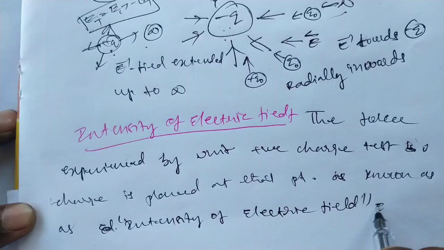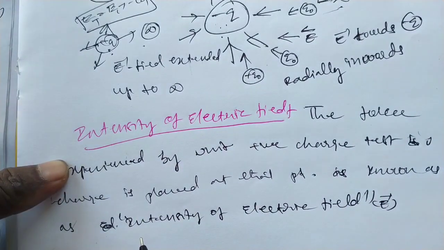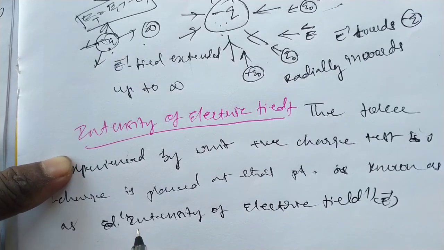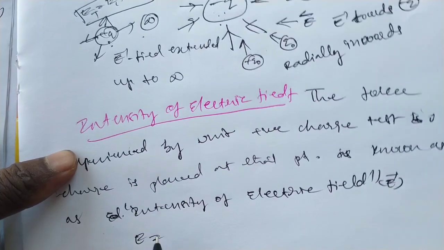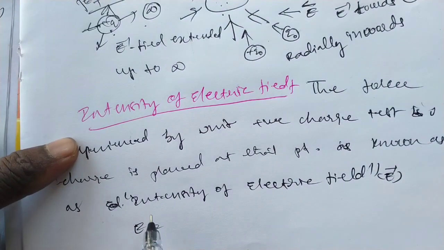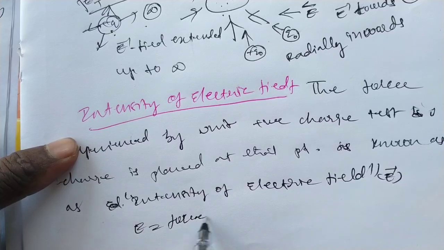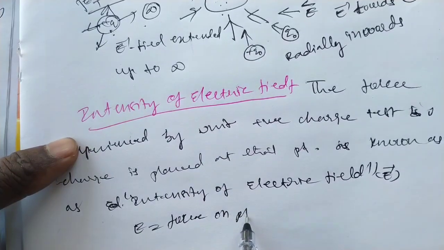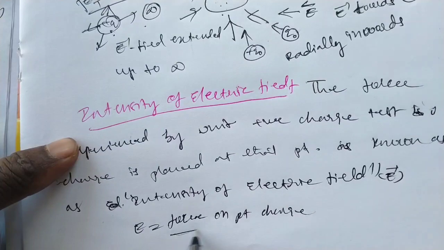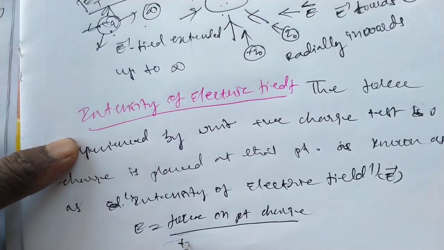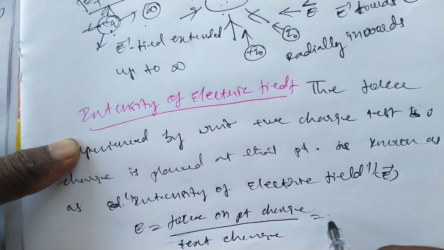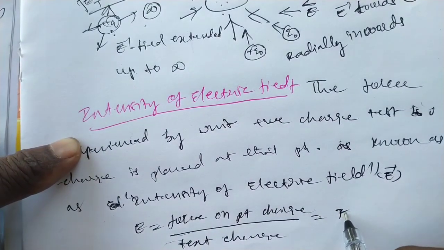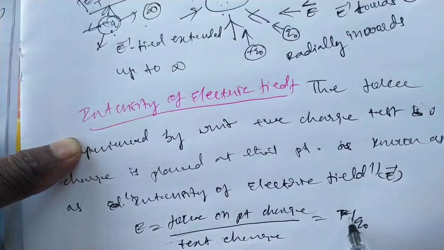That is the intensity of electric field due to a point charge. E is equal to the force on a point charge by the test charge, that is F by q naught.